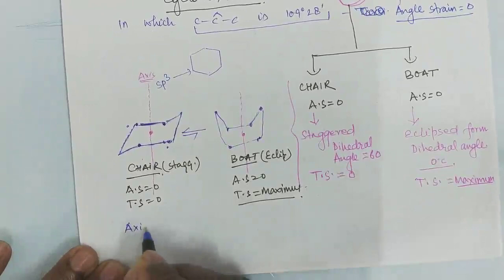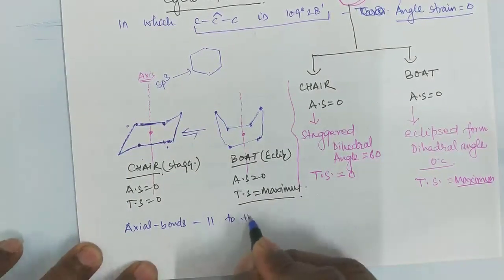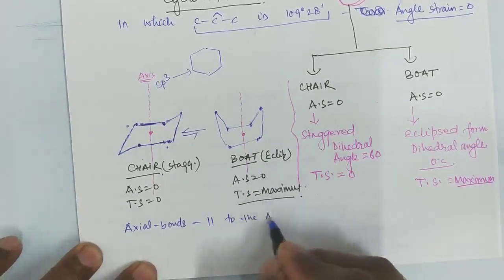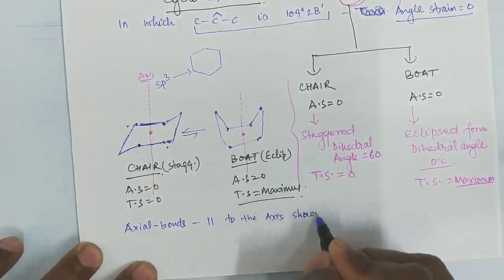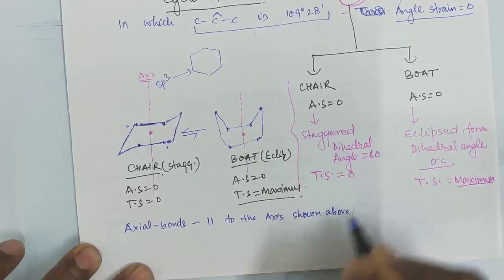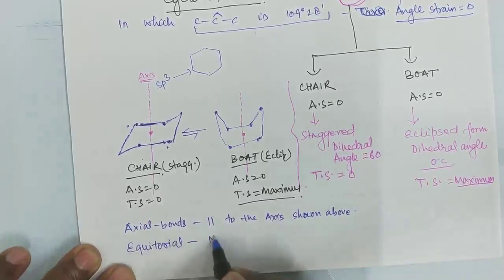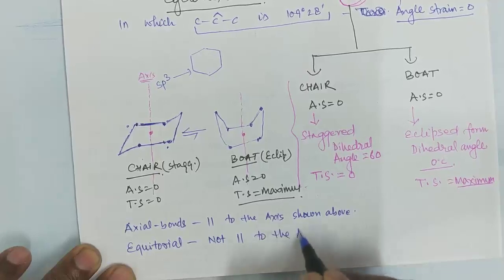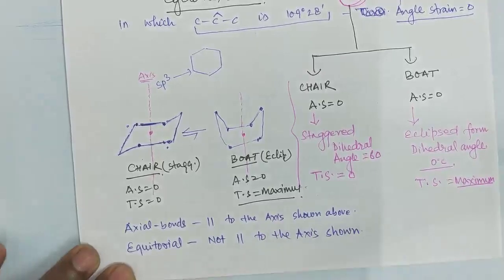Axial bonds are parallel to the axis shown above, and equatorial bonds are not parallel to the axis shown above, right?